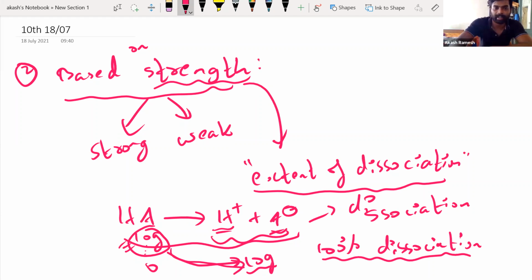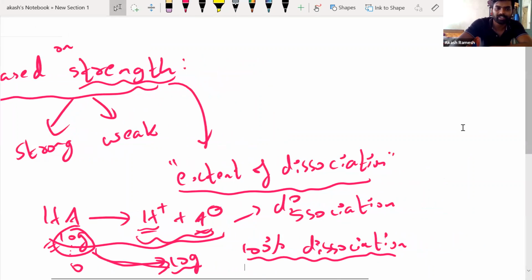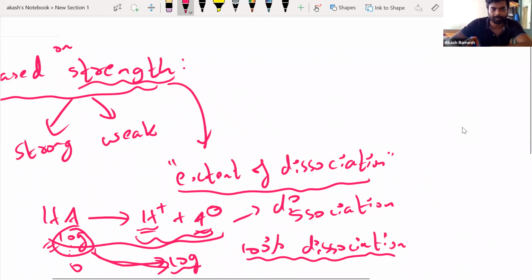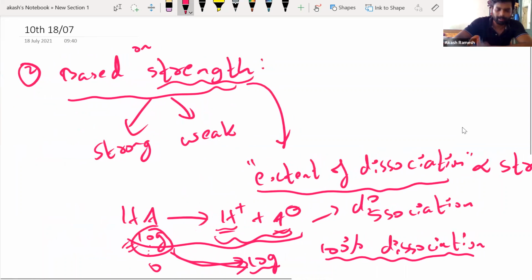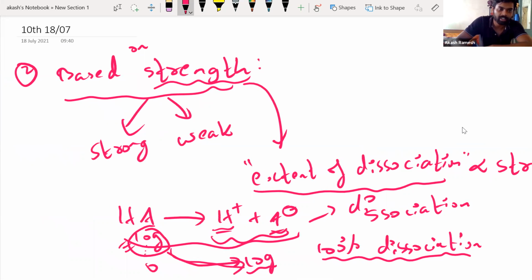Now understand, what do you mean by extent? Like how much it is happening. The more the extent of dissociation, the more the strength of the acid. What I can tell about strong and weak acids is that strong acids will have almost 90 to 100% dissociation.